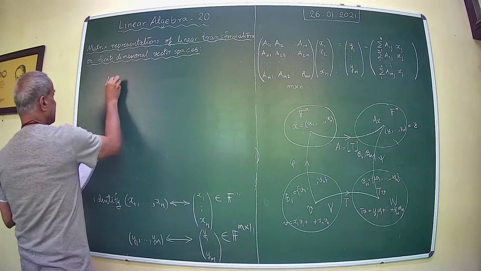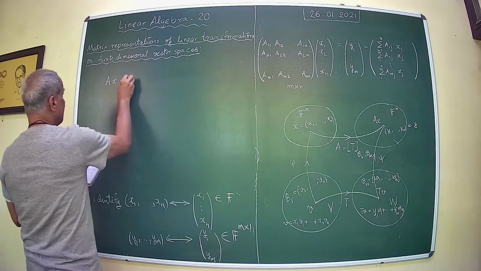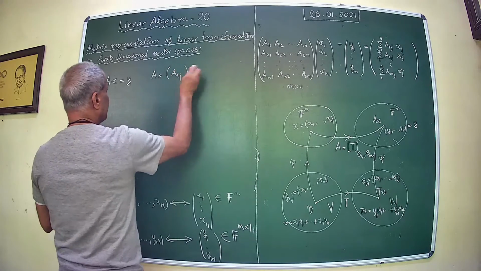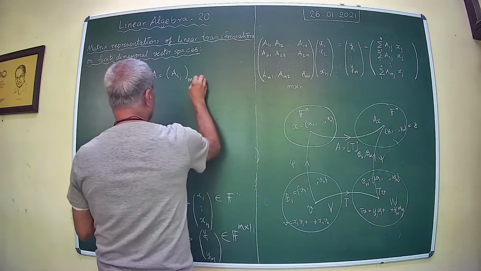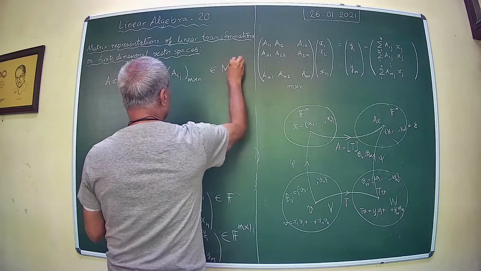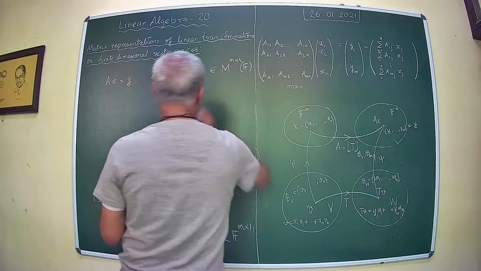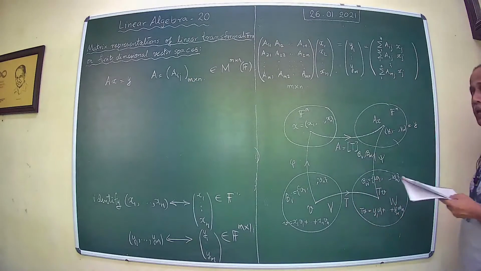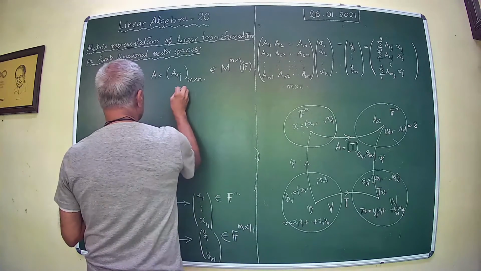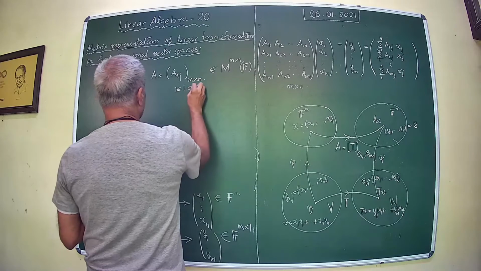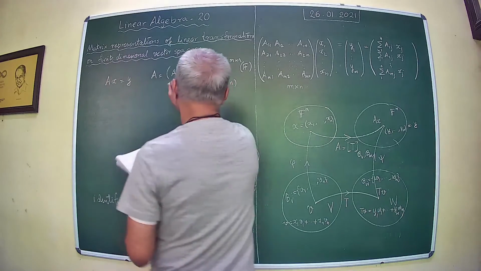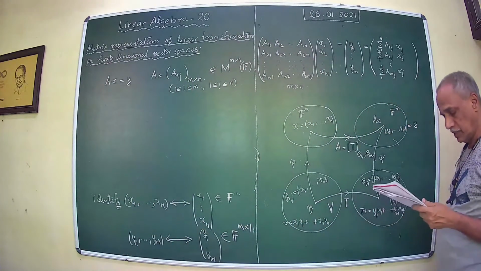So Ax, x taken as a column vector, is equal to y, where A is the aij, an m by n matrix, an element of the m by n matrices over F, with 1 less than or equal to i less than or equal to m, 1 less than or equal to j less than or equal to n. Okay.